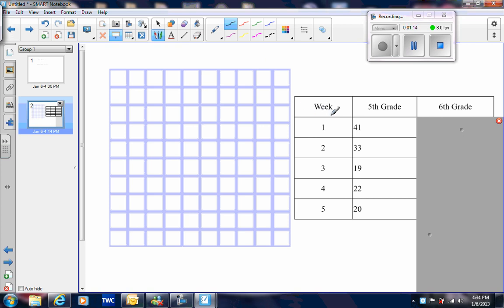First of all, let's put a title. We're looking at magazine sales for fifth graders and sixth graders, so we can put that right up here. Okay.